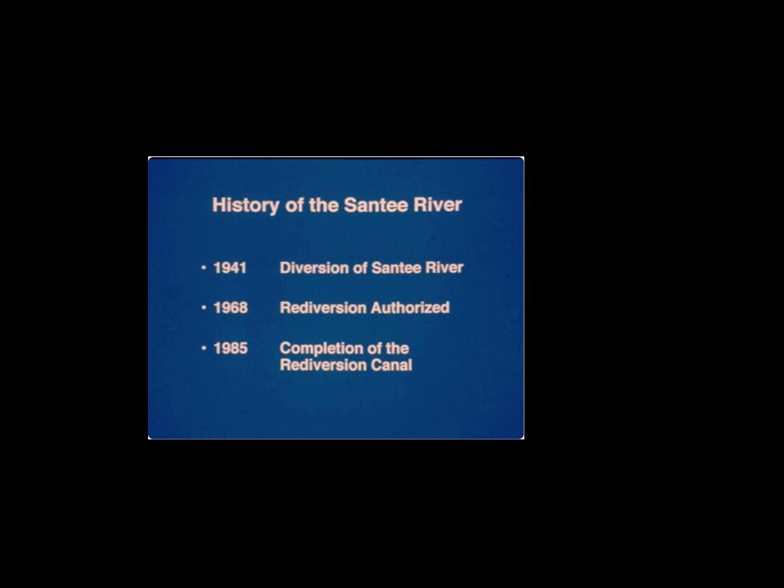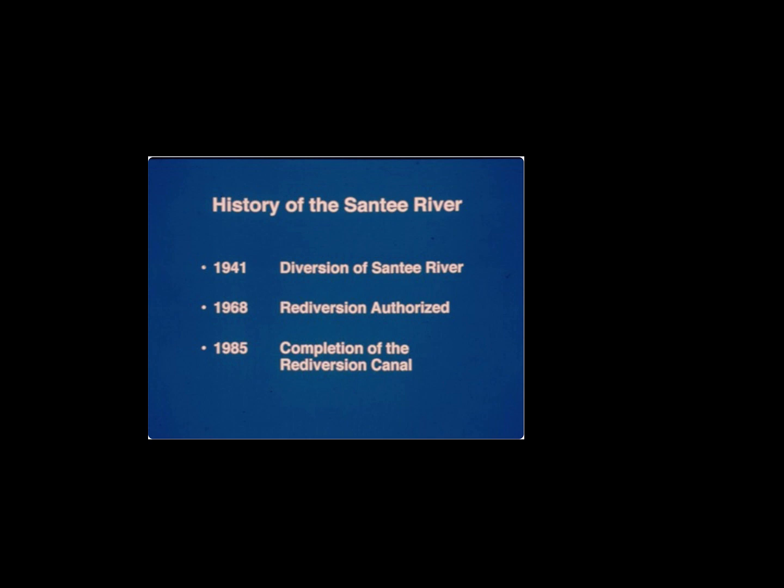But in 1968, they authorized the building of a tail race canal that would move things from the bottom of the lower reservoir back into the Santee River, and so more water would be going down the Santee. The result of this would be less sediment in Charleston Harbor, more sediment out onto the Santee Delta.